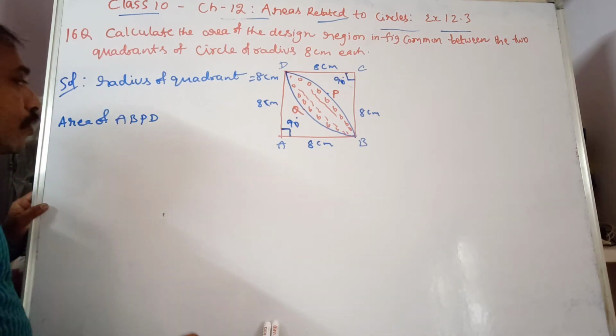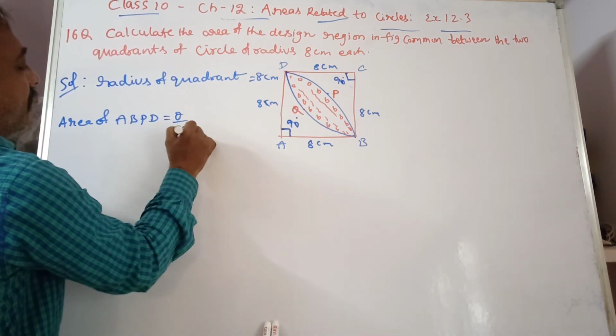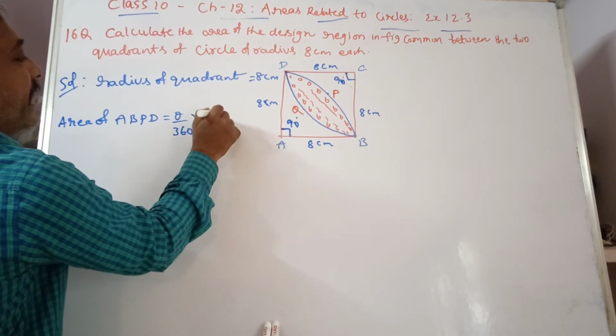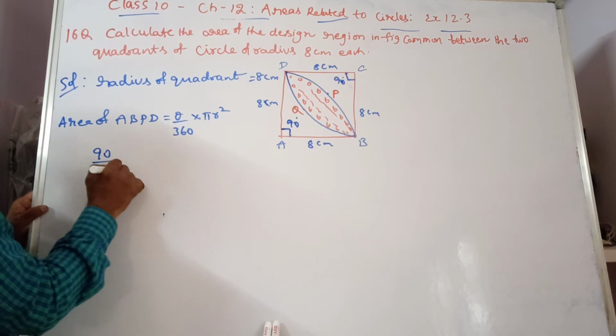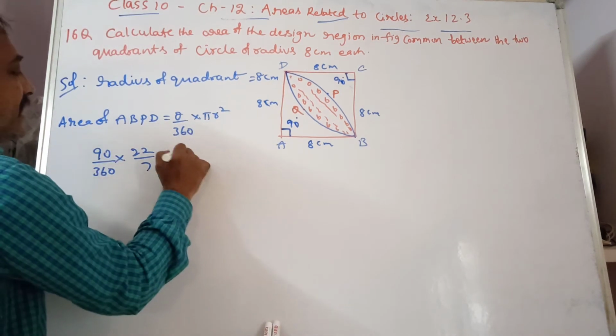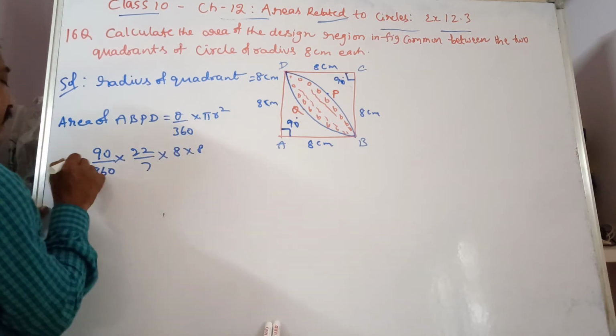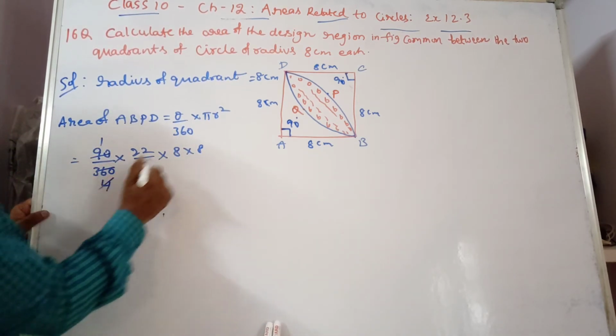Which is that quadrant? Area of ABPD is equal to theta by 360 into pi r square. Theta is 90 by 360 into 22 by 7 into radius 8 into 8. 90 ones are 90, 4 ones are 4.